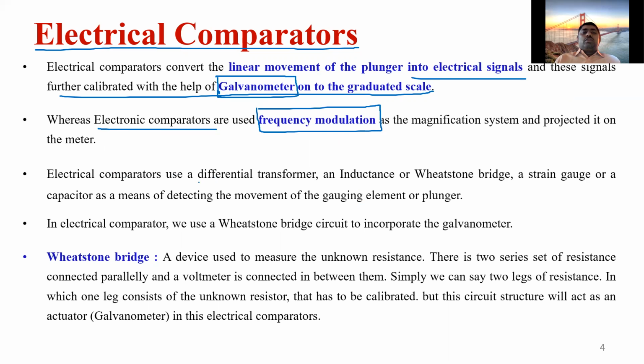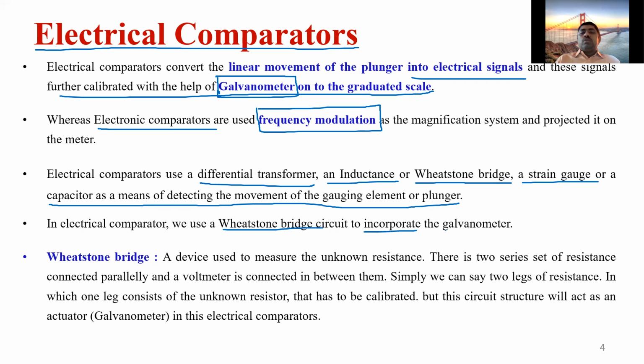The electrical comparators use a differential transformer or an inductance, Wheatstone bridge, strain gauge or capacitor as a means of detecting the movement of the gauging element or plunger. So in electrical comparators, we use the Wheatstone bridge circuit to incorporate the galvanometer for magnifying the small movement of the plunger into a pointer scale.